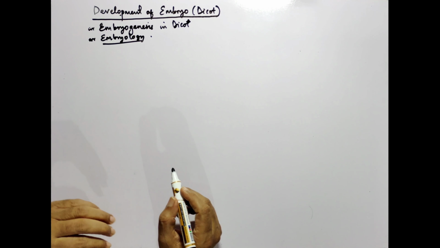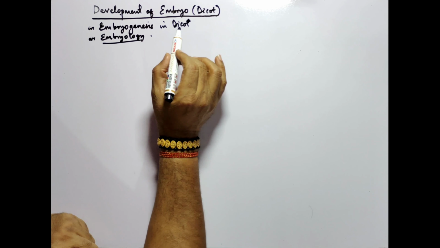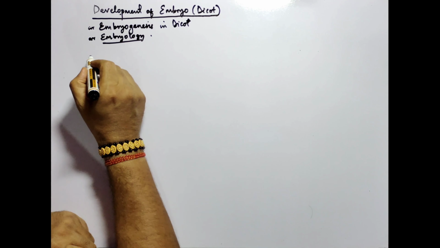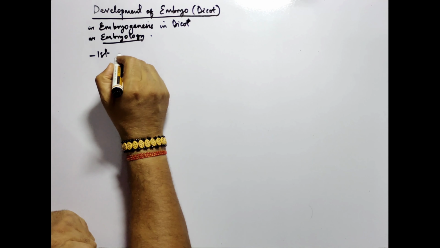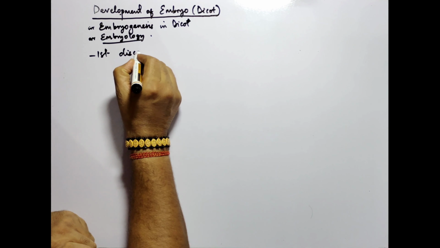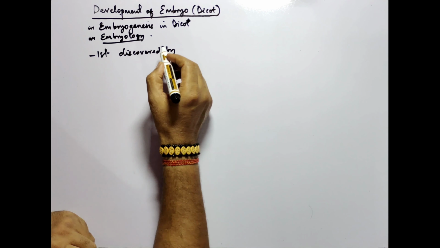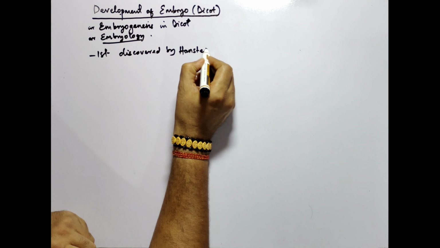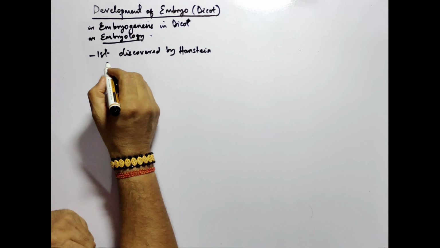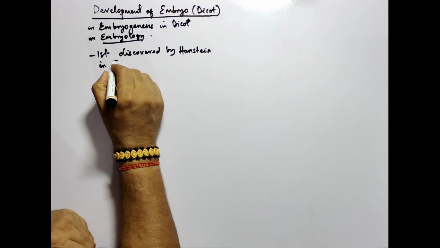This development of embryo in dicotyledon plants was first discovered by Hanstein in Capsella plants.